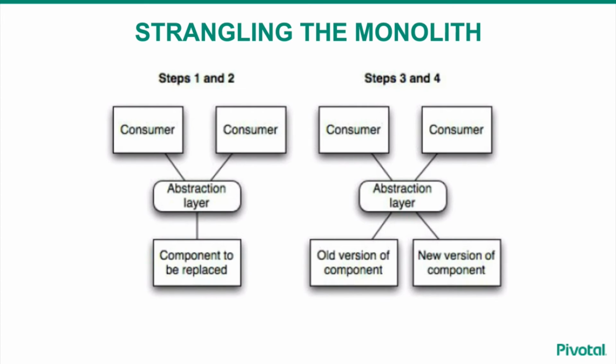So this is what is known as strangling the monolith, where essentially you are exposing the same feature, the same service separately in this newer microservice, and then eventually sunsetting the feature in the original monolith, thereby strangling that particular feature or service in the big ball of mud. And this can only be done when you introduce an abstraction layer, and the monolith talks to the service through the abstraction layer.